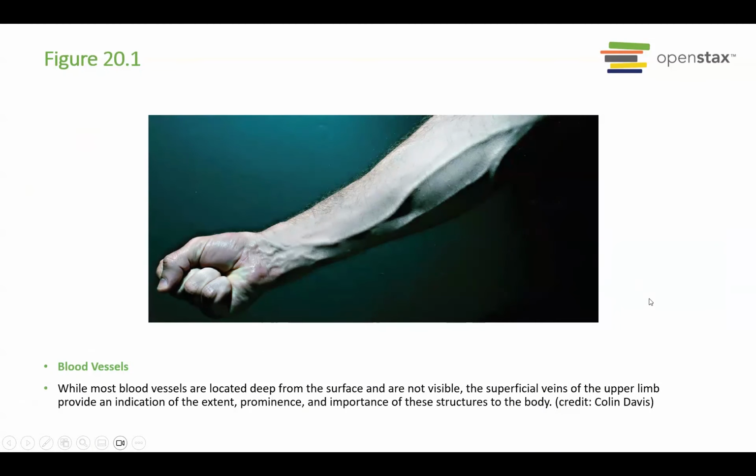Okay, so we will continue our lecture on blood vessels. In the previous lecture, we talked about the types of blood vessels, which are arteries and veins. Arteries include the aorta, pulmonary trunk, then smaller arteries, and also arterioles.